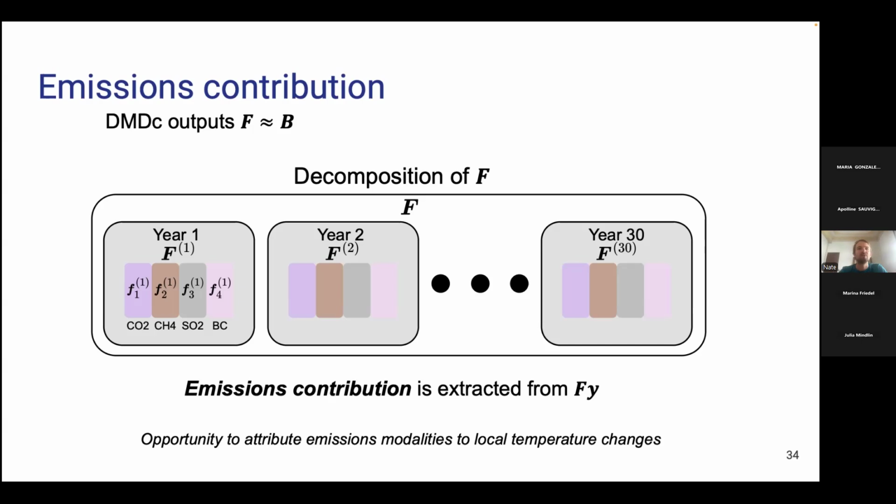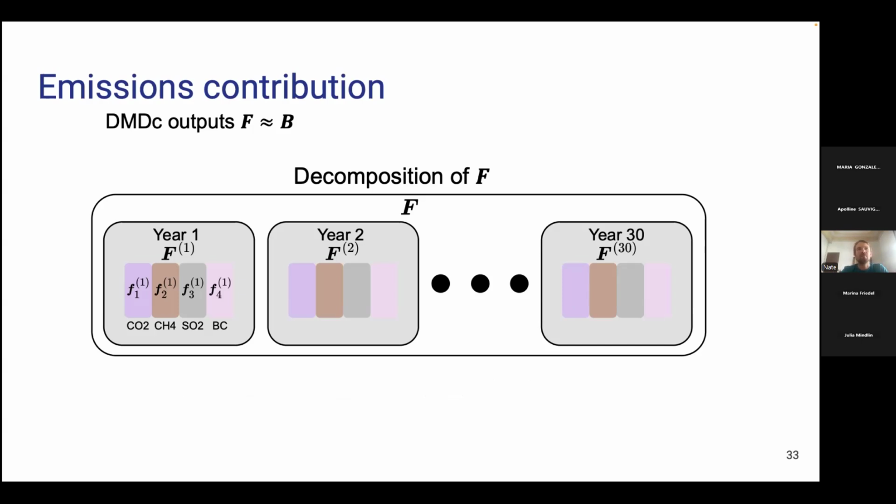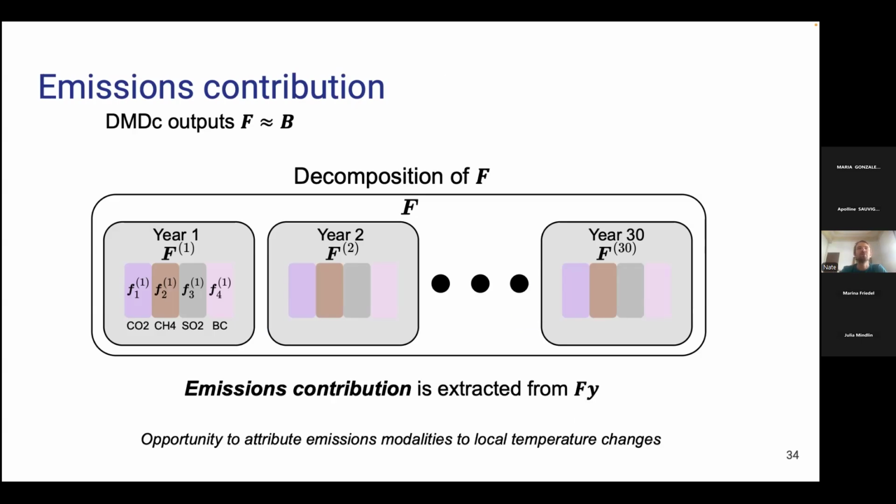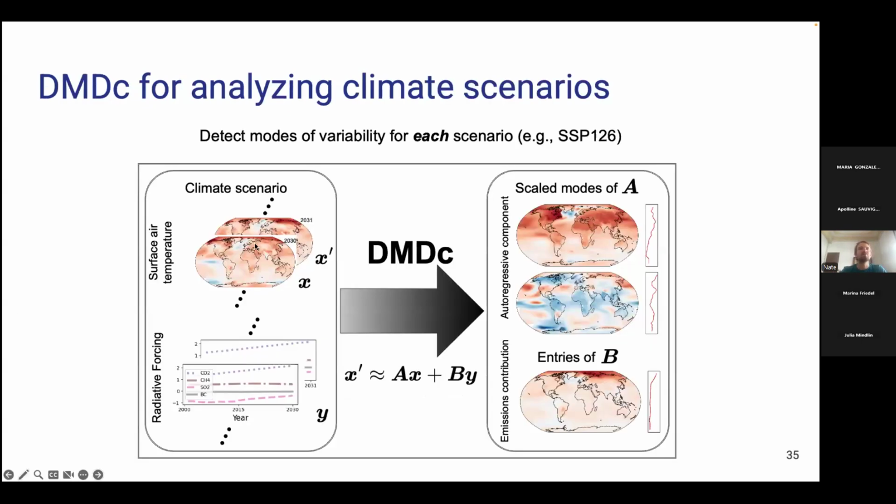And this can be useful potentially for attributing emissions and modalities to local temperature changes. So there are two different decompositions. One, the decomposition of A, which is an eigen decomposition, and the decomposition of F, which is really just looking at its entries and what they correspond to physically. So to summarize this, what we do is we take a climate scenario.